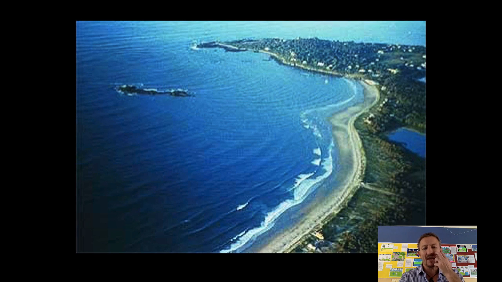Here's an example in reality where you can see that out to the back on the headland there, the waves are coming in almost straight towards you. However, when it reaches the beach, you can actually see the waves coming straight up the beach. Why is that? They're being bent because of that seashore.